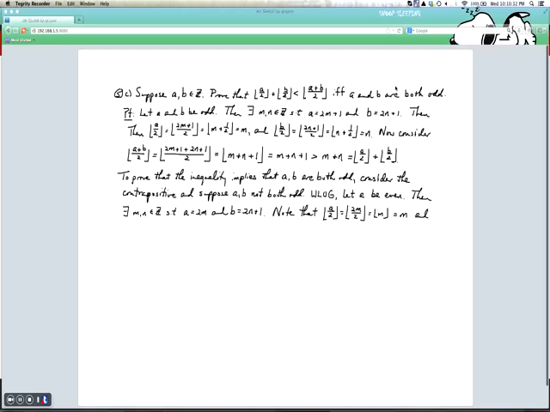And if I look at the floor of b over 2, this is the floor of 2n plus 1 over 2, the floor of n plus a half, which is just n. Okay?